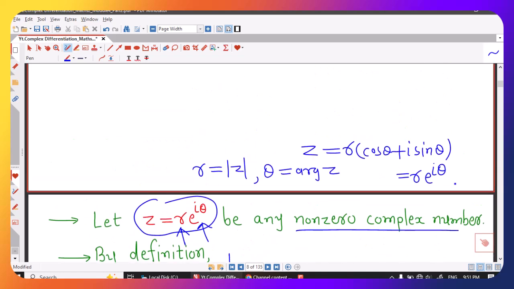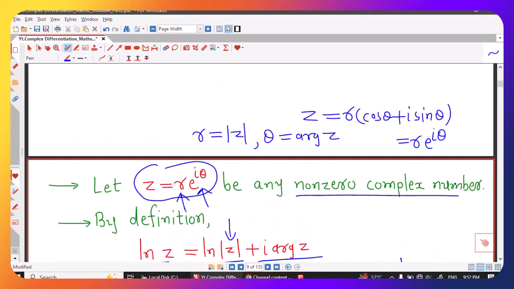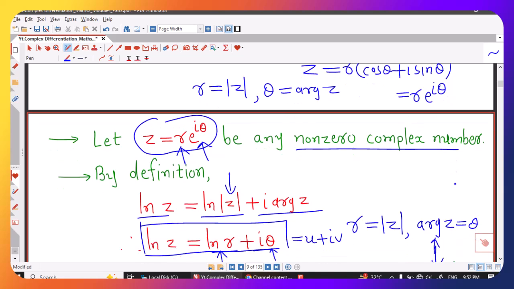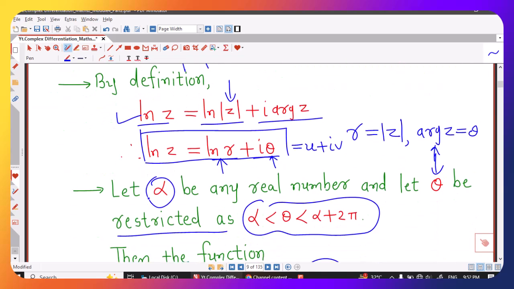So you have to understand this a little bit carefully here. We are first converting a multi-valued function into a single valued function by restricting the argument of a complex number, and for that restriction we consider any fixed real number, and we restrict the argument in such a way that it lies between alpha and alpha plus 2 pi.